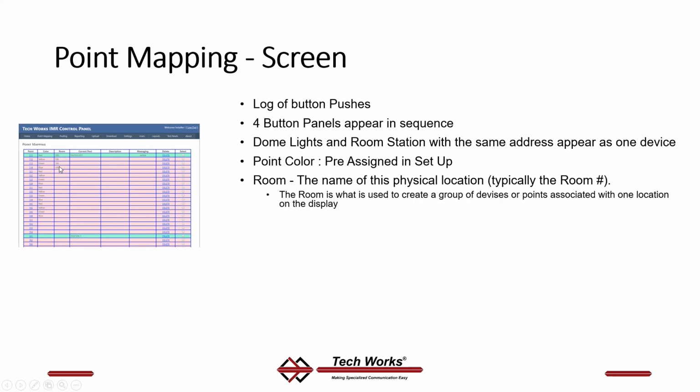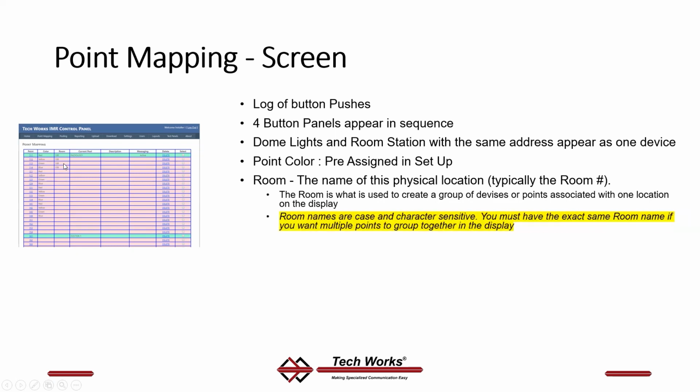If these four associated with this four button panel don't all match, it won't create a bubble with these, or on the list mode, they won't all line up in a row. They're only going to line up in a row if they're all labeled identically. So that is critical. How you label these points becomes super critical.